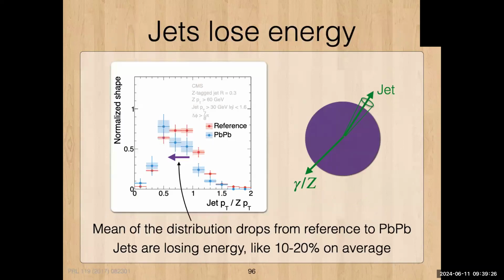The result is that jets lose energy. If you look at the heavy ion case in blue versus the reference case, we can see clearly that the mean shifts to the left. This demonstrates that some energy is lost after going through quark-gluon plasma, and we can estimate this is around 10 to 20%, in that ballpark.